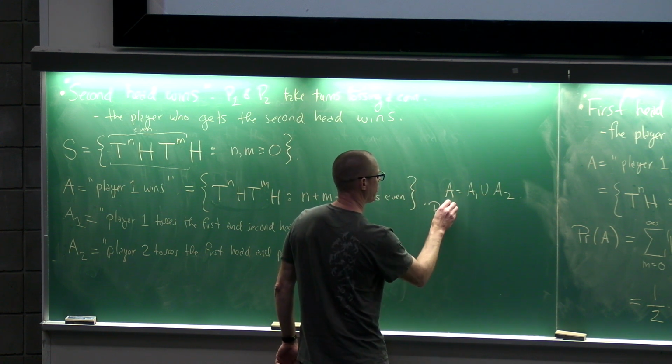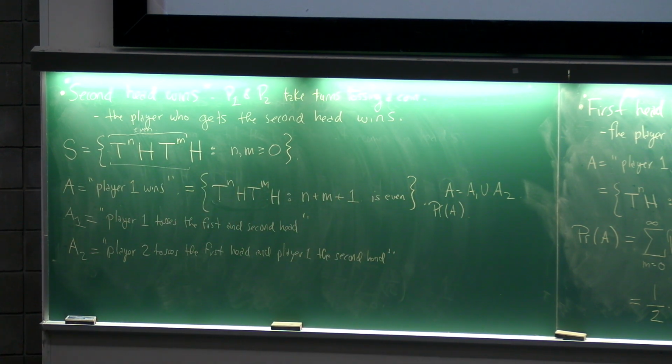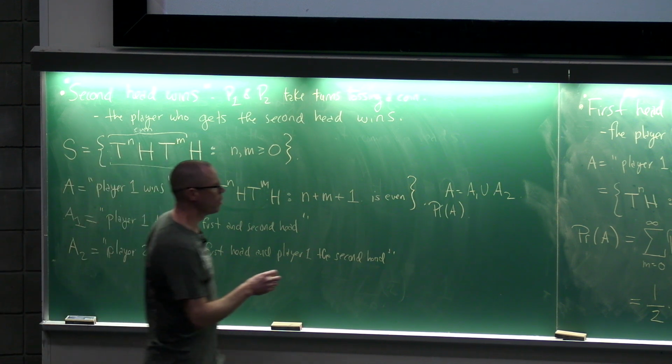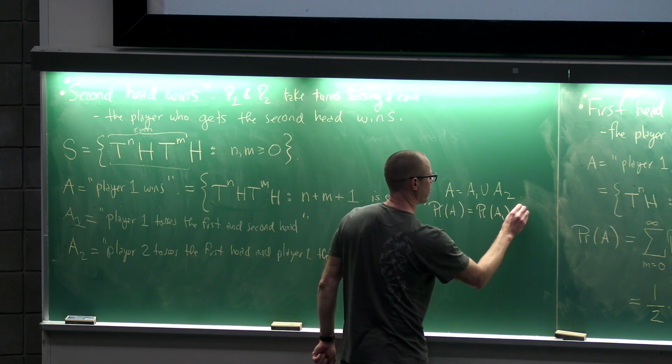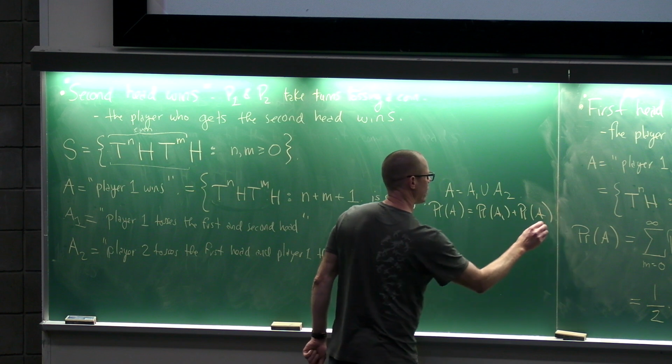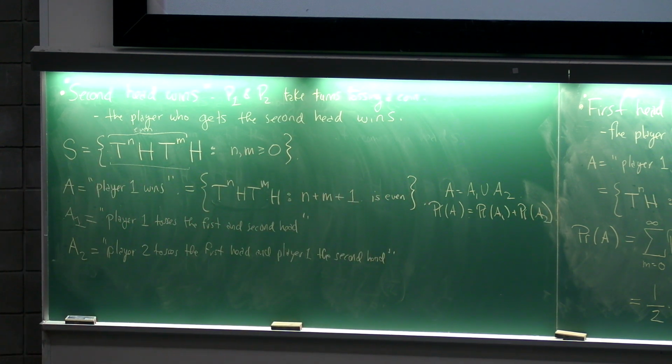And A1 and A2 are disjoint because in these sequences, player 1 tossed the first head, and in these sequences, player 2 tossed the first head. So that means we can use the sum rule to get the probability of A that way.